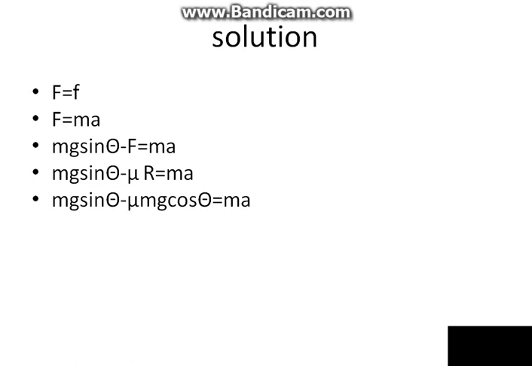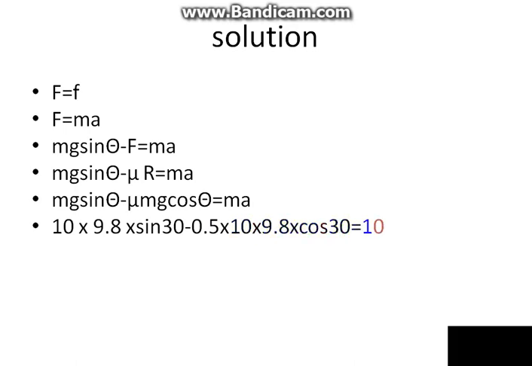mg sine theta minus mu mg cos theta is equal to ma, after we have substituted for R, the normal reaction on an inclined plane.